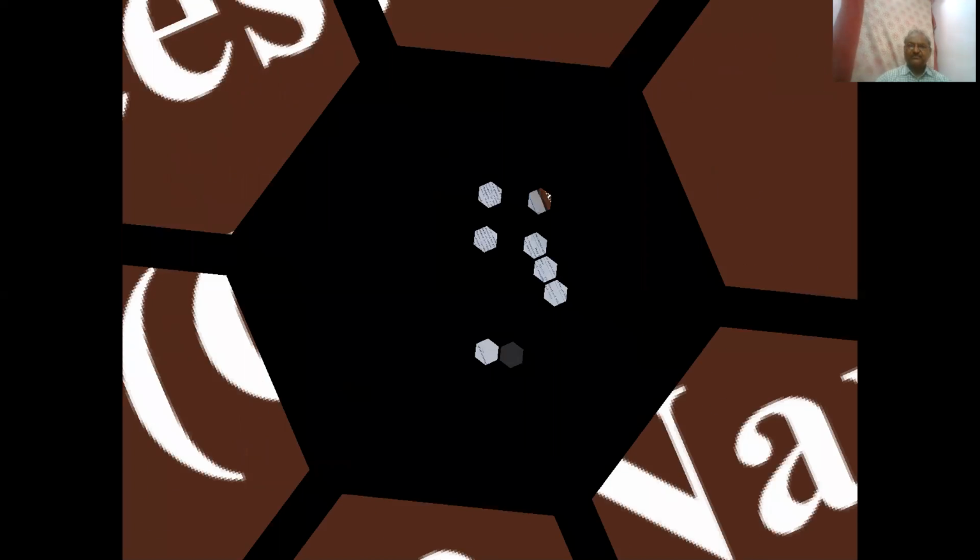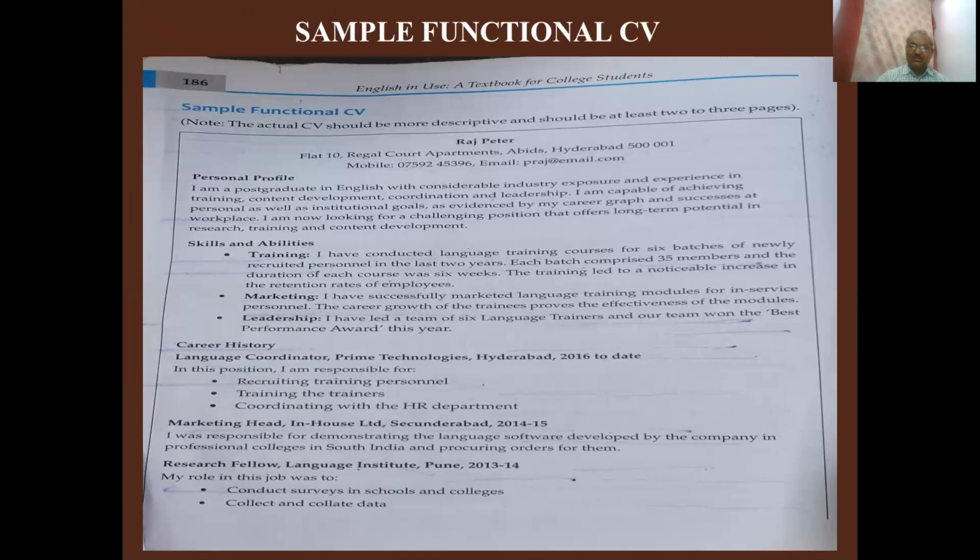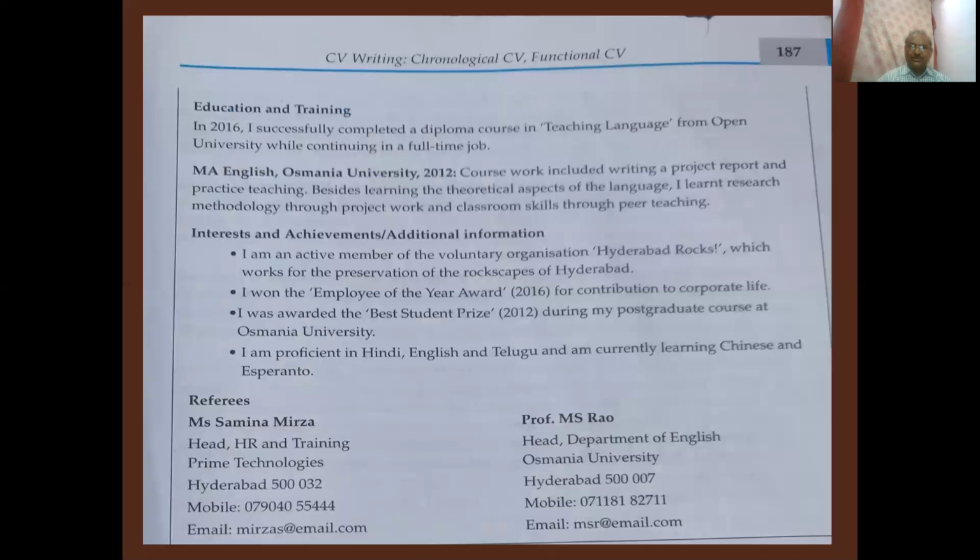Now, sample. This is called a sample functional CV. Here I am going to present how you present a functional CV. A sample is given which includes six sections: personal information, skills and abilities, career history, education and training, interest and achievements, and references.